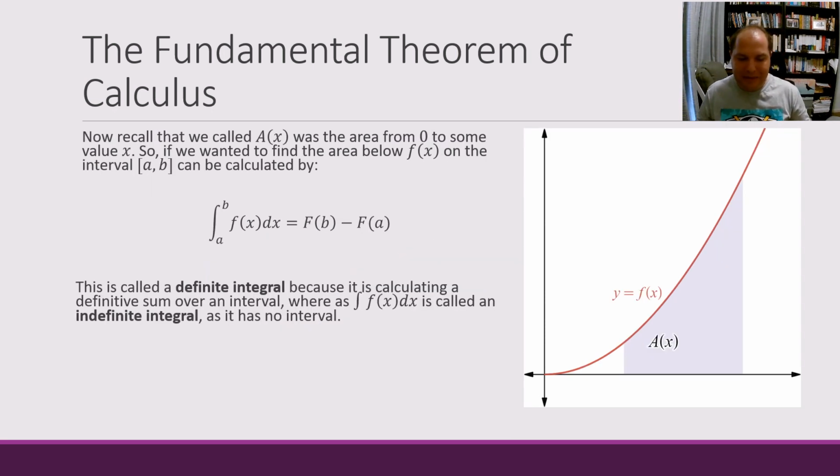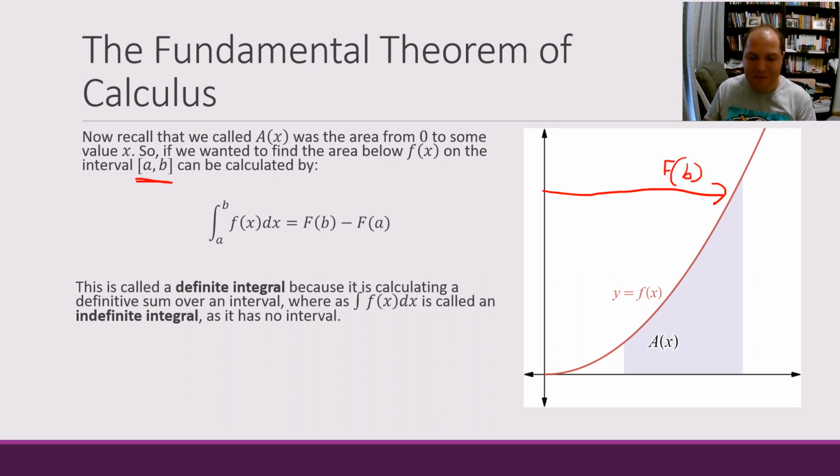Now, recall that we said A of x was going to be the area from 0 to some value of x. So if we want to find the area between a and b, like we have in this situation, we will need our antiderivative, which we'll write with capital letters. The area under our curve up to here is going to be F of b.